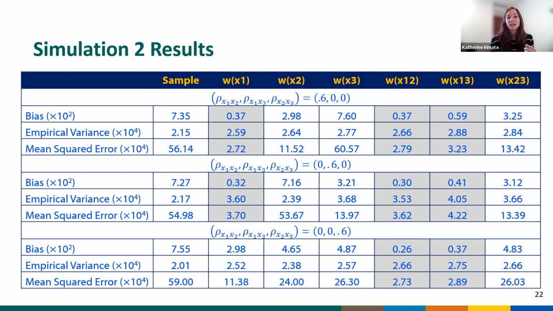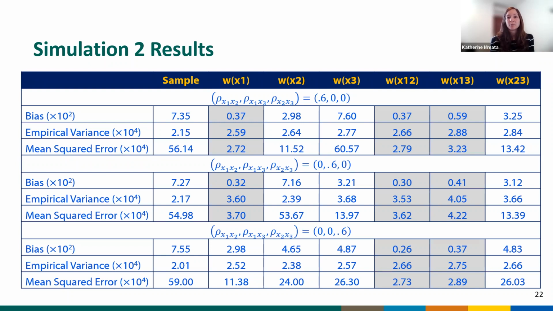The light gray highlighting again shows the cases where we end up with very minimal bias. We can see the bias for the sample is around 7.3, 7.5. After we include these propensity score adjustments, in some cases, we get the bias down to about 0.3, 0.26, again, multiplied by 100.